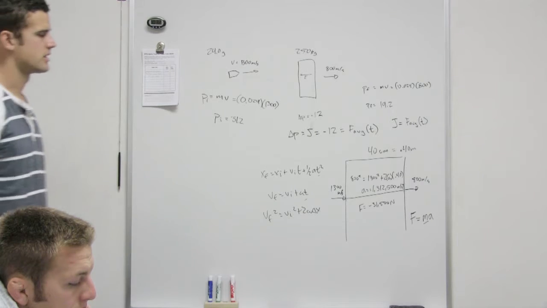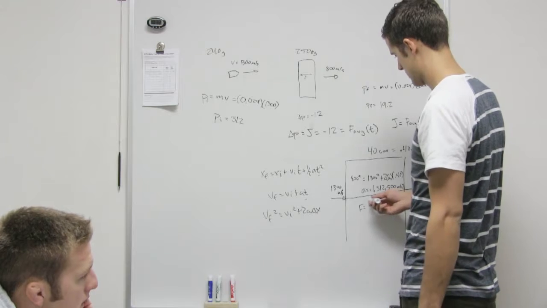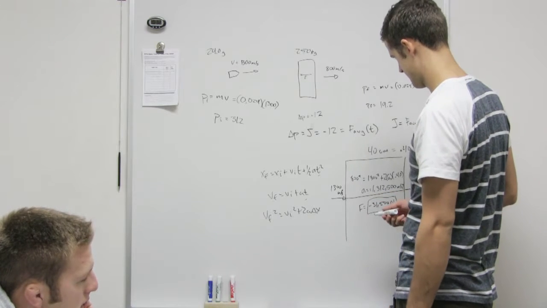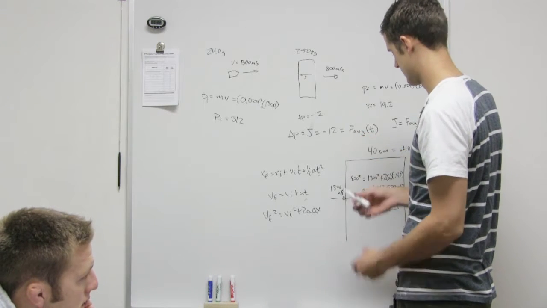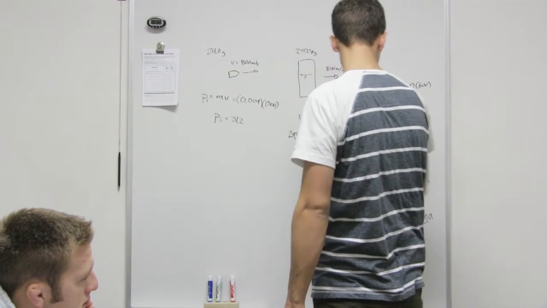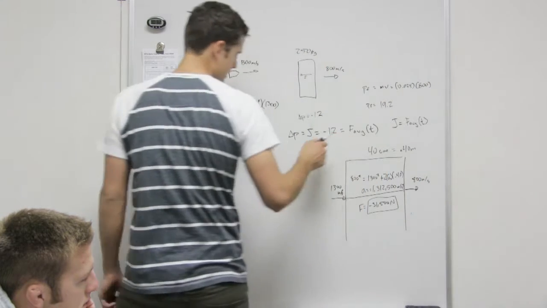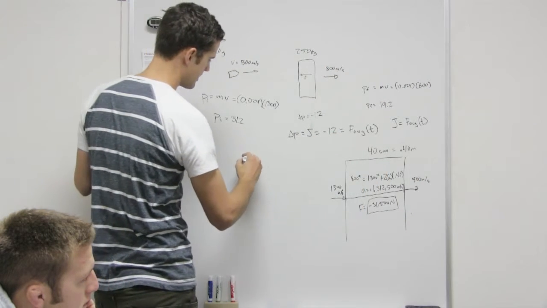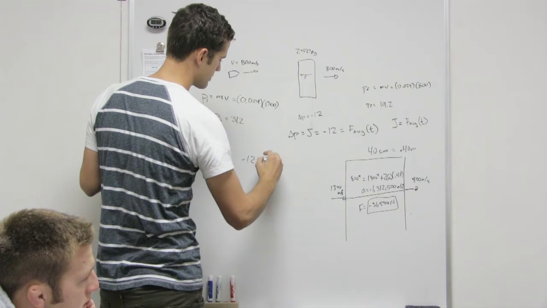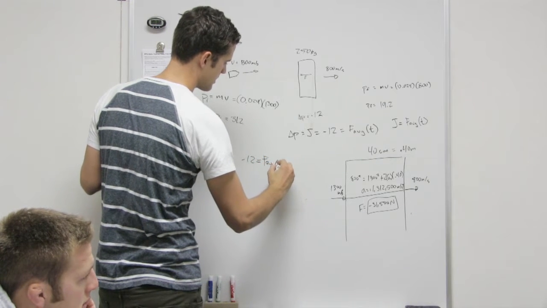So then we found our force, and we have this equation from before. How can we use this? This is negative 12 equals average force times time.